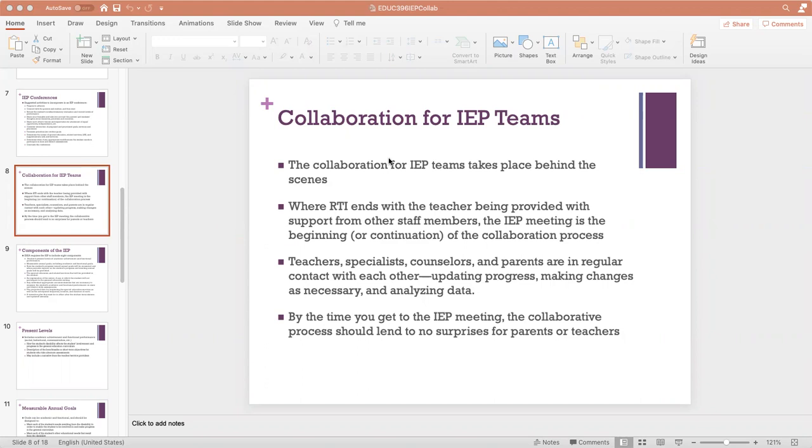For the IEP, the members of that team should be in constant communication with each other about everything throughout the school year. So that can go from schedules to goals to progress to the need for interventions and beyond.